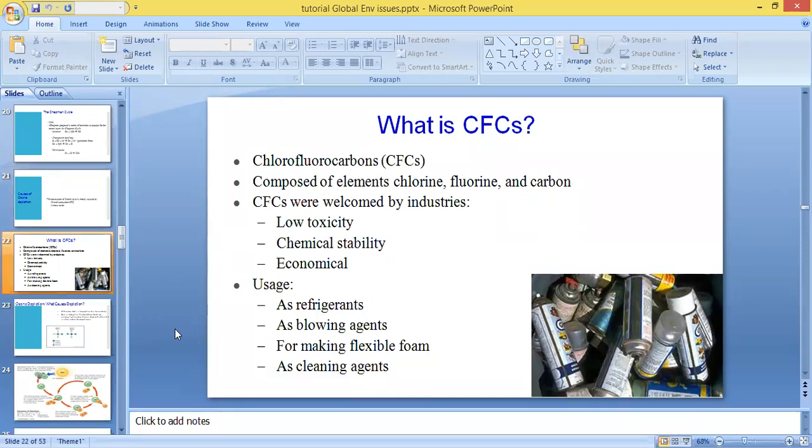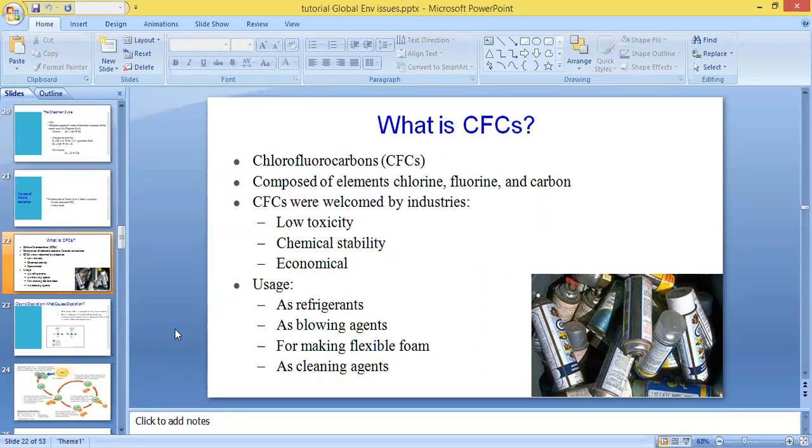CFC's full form is chlorofluorocarbons, composed of elements like chlorine, fluorine, and carbon. They were welcomed by the industries. There are certain reasons why CFCs are very helpful: low toxicity, chemical stability, and they are economical in nature. How are they used?